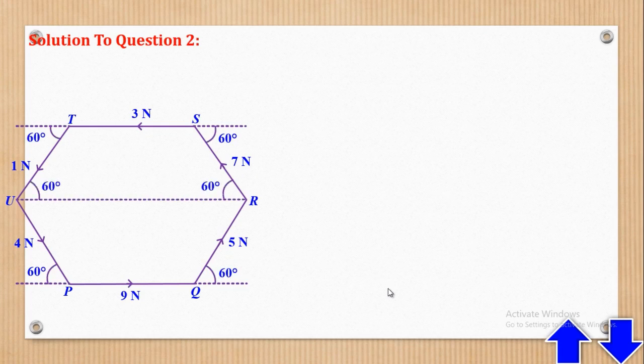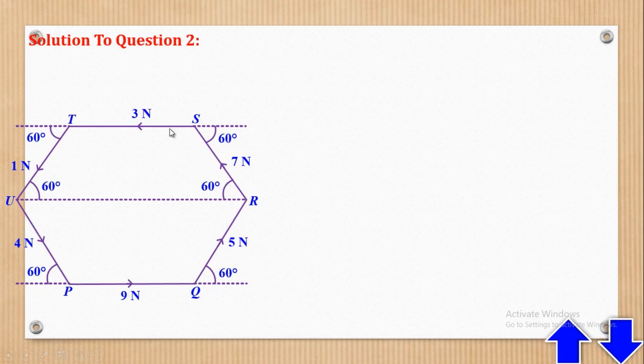Remember, regular hexagon, the interior angle sum is got by 180 in brackets n minus 2, where n is the number of sides. So 180 times 6 minus 2, it will be 180 times 4 to come up with 720 degrees. Now 720 degrees is the interior angle sum of a regular hexagon, but the regular hexagon has 6 vertices.